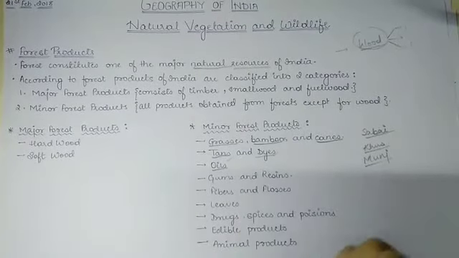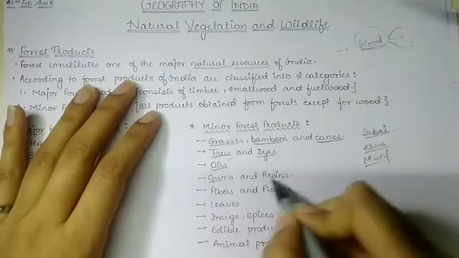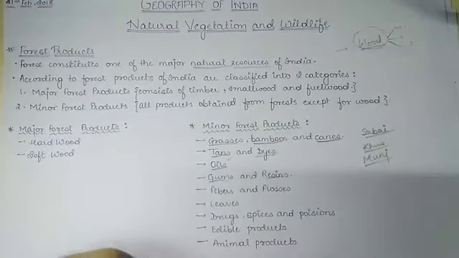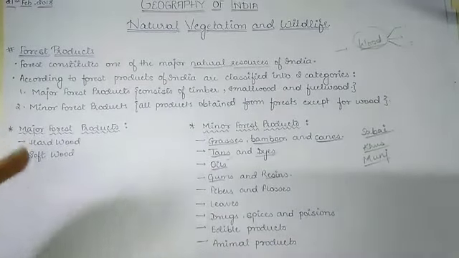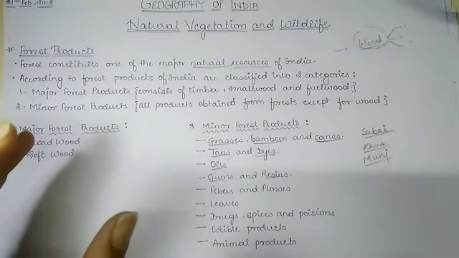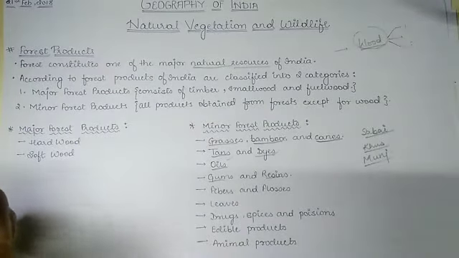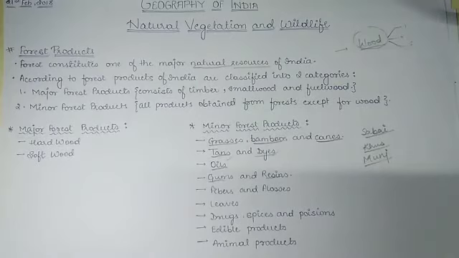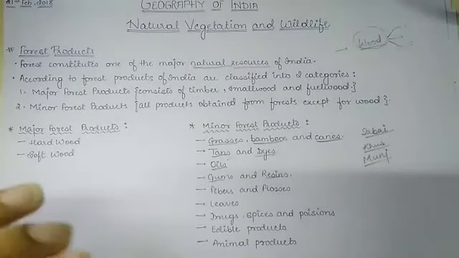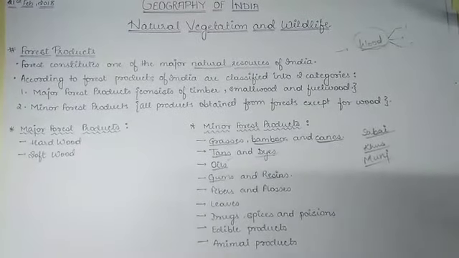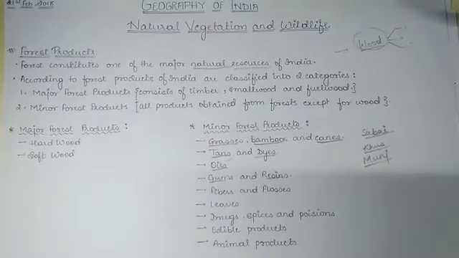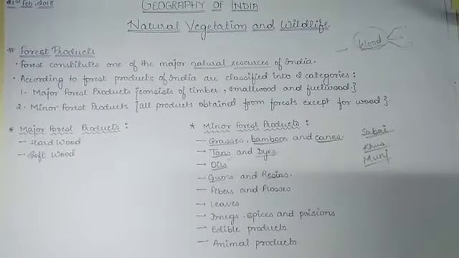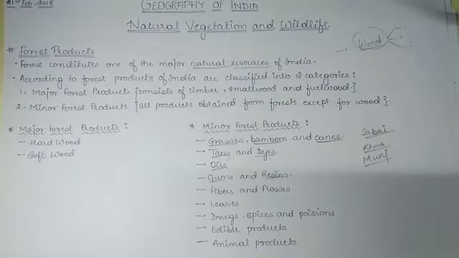Then we have gums and resins. Gums are exuded from stems and other parts of different trees. They sometimes come out as a natural process, and sometimes they are oozed out by injury in the bark.